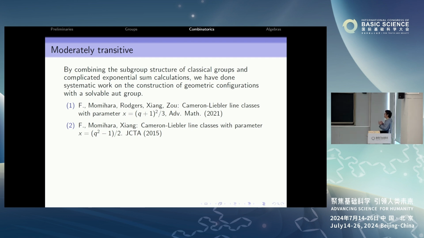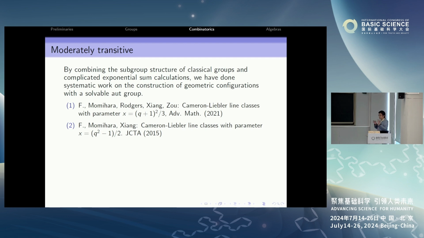So in the case of moderately transitive, you don't do classifications because there's no point. You do constructions. You try to construct interesting geometric structures. So by combining the subgroup structure of classical groups and using complicated exponential sum calculations, we have done systematic work on the classification of geometric configurations with a solvable automorphism group.